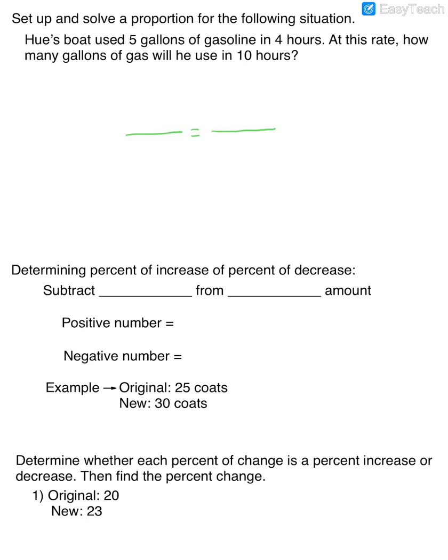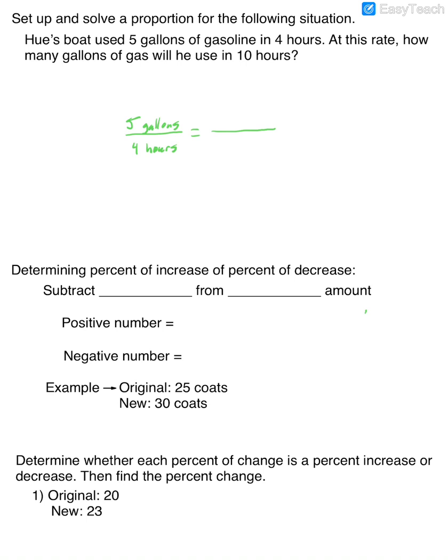Since you're talking about gallons of gas to hours, you want to keep that ratio. It doesn't matter which one goes on top or which one's on bottom, but pick one. I would say 5 gallons of gas goes on top, and then 4 hours lends itself to that ratio.